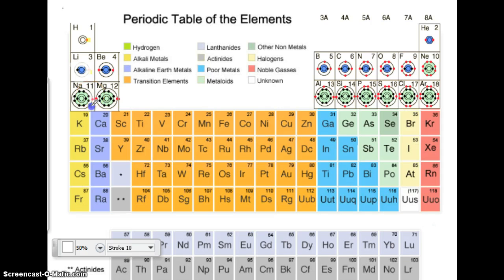Just like with sodium, if I lose this orbital, now it only has 2 orbitals left, and that one's full. Okay, if I go to magnesium, it's got to lose 2 electrons now. It loses that outer orbital, and the next orbital is full. That's why it has a full outer shell. So hopefully a lot of this so far is review, because this comes into play with how to make ionic compounds.